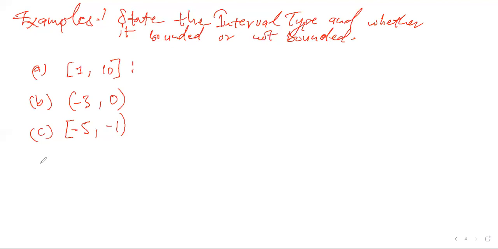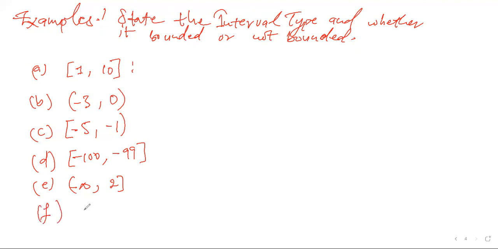And then D: [-100, -99). E: (negative infinity, 2]. F: [0, infinity).